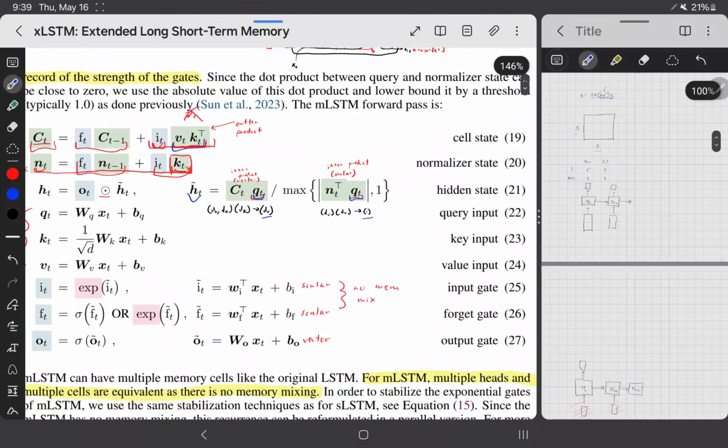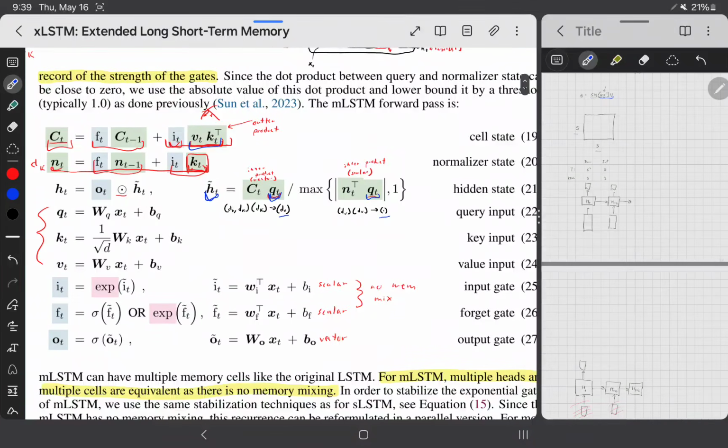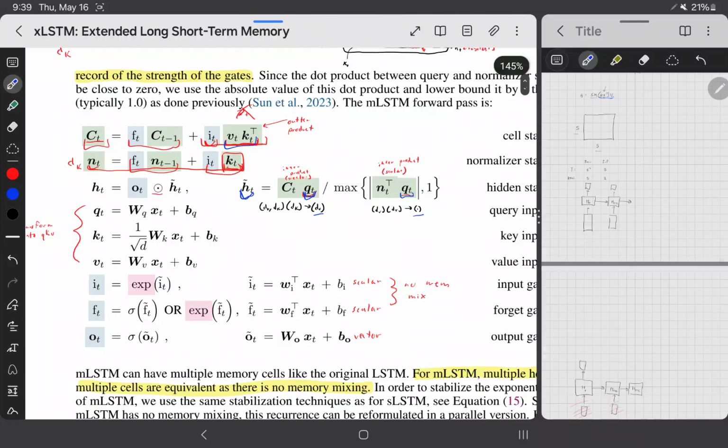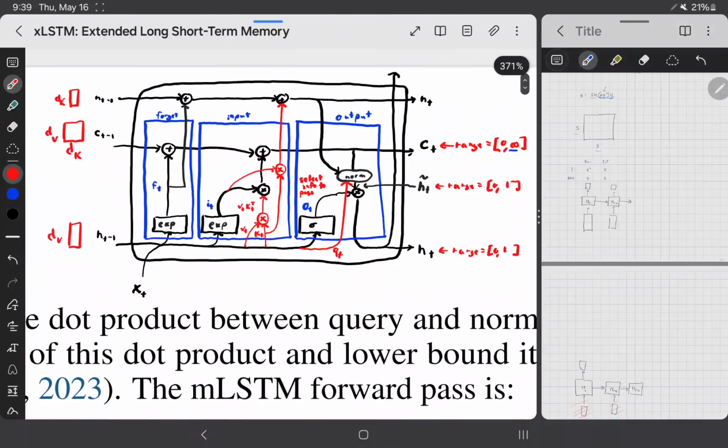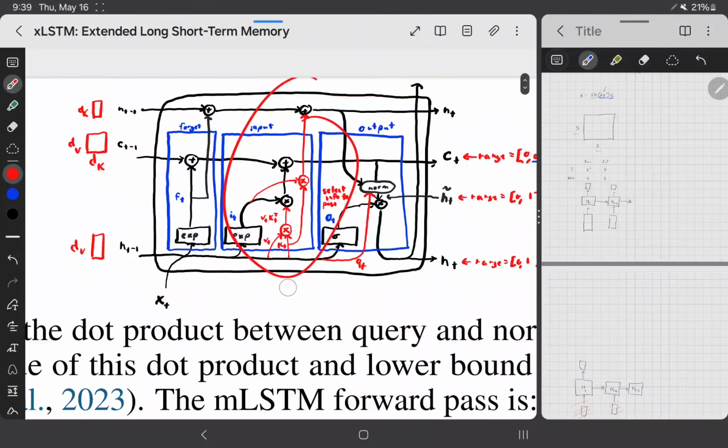So KV cache, Q is extracting your information, and that gets sent to the next hidden state. So that's all you're changing here. I also drew that out up here. So the additions you're making are mostly in the input state.